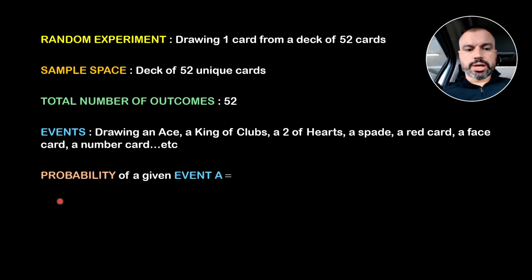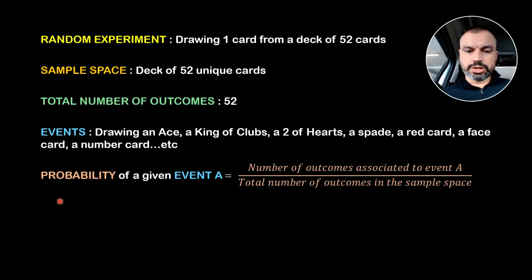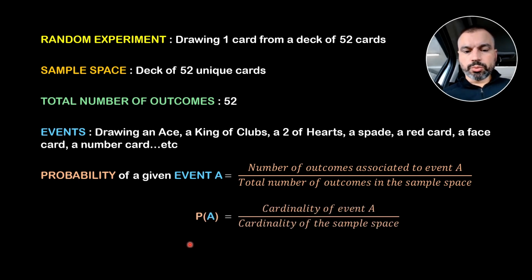And if we generalize, we can say that the probability of a given event A is equal to the number of outcomes associated to this event A divided by the total number of outcomes in the sample space. In other words, P of A, the probability of event A, is the cardinality of event A divided by the cardinality of the sample space. And the term cardinality stands for number of outcomes here.